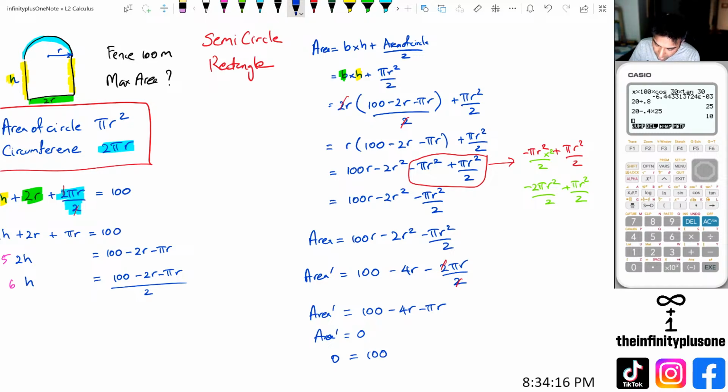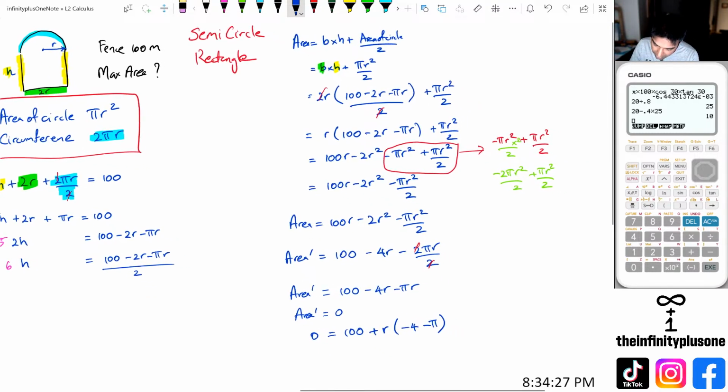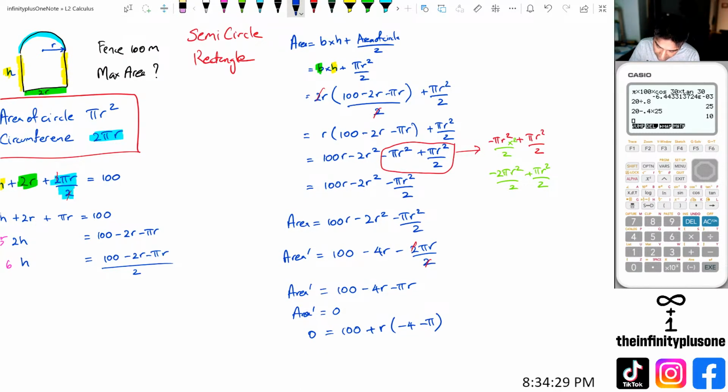So 0 is equal to 100, and I might just take the r as a common factor, minus 4 minus pi. Rearranging this, negative 100 goes on the other side, equals r times negative 4 minus pi.